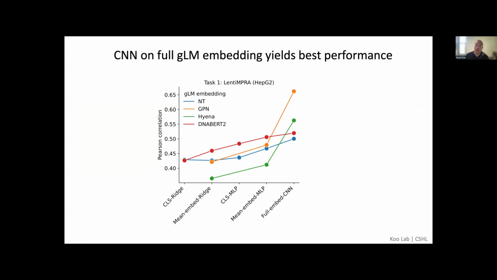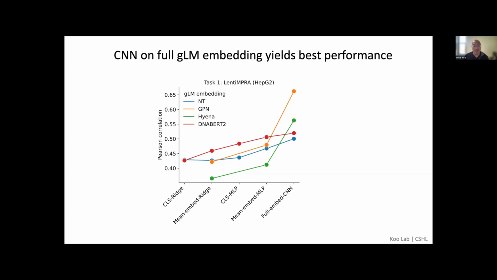First, we explored different probing approaches, including probing with linear models, as well as nonlinear models that consider the entire embedding. For both CLS and mean embeddings, these represent a summary of the gLM embeddings into a single vector. We applied a ridge regression and an MLP model.